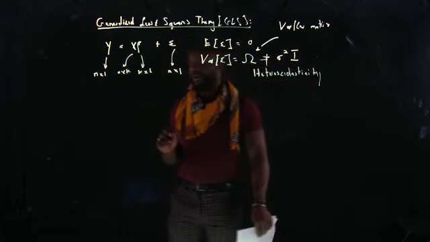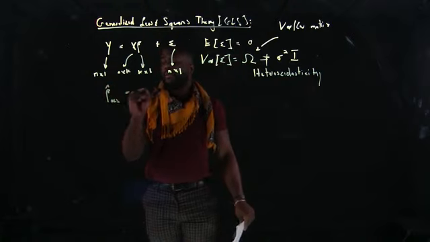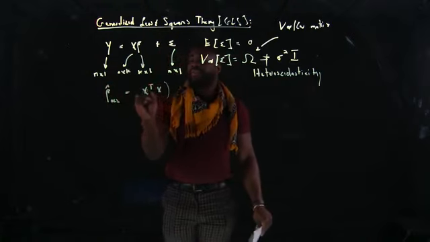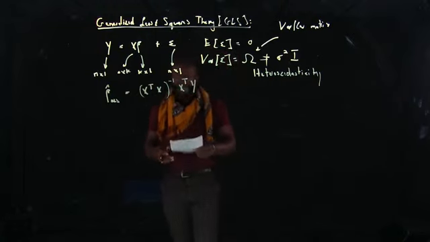Assuming that our Gauss-Markov assumption was not violated, we know that beta hat OLS is equal to X transpose X inverse X transpose y.